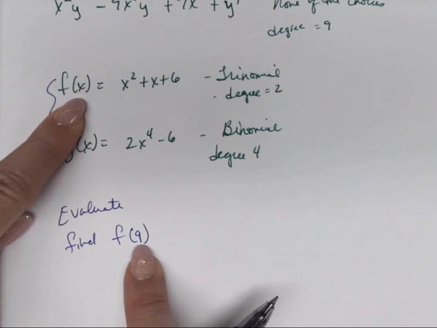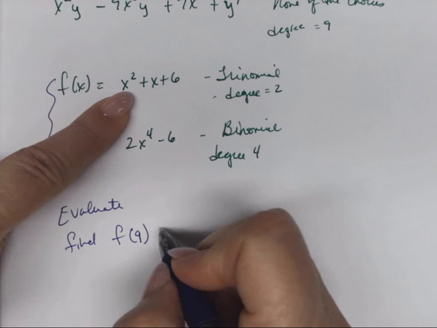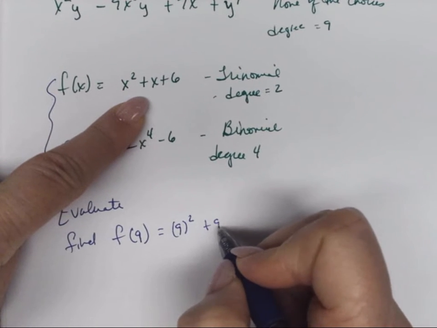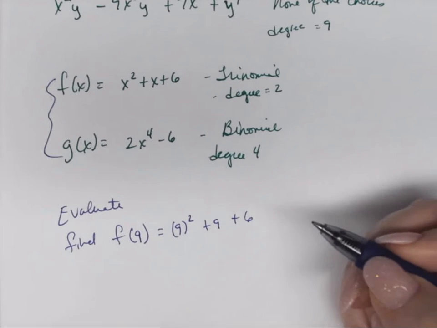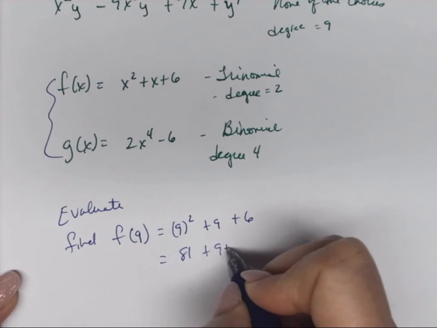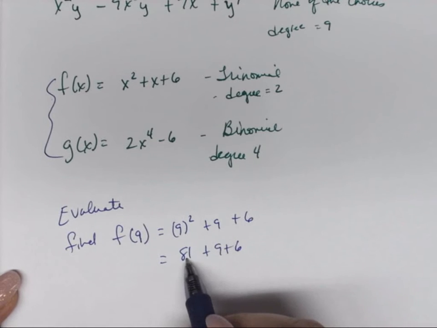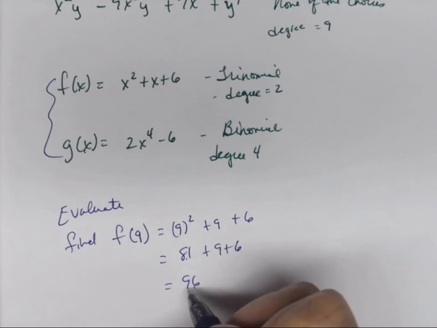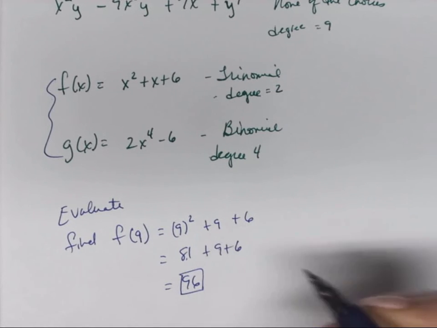We're looking at f of x, f at 9. So wherever x is, it becomes a 9. So we'll have 9 squared plus 9 plus 6. Well, 9 squared is 81 plus 9 plus 6. When we add 81 plus 9, we get 90 plus 6 will get us 96. So that would be your answer.